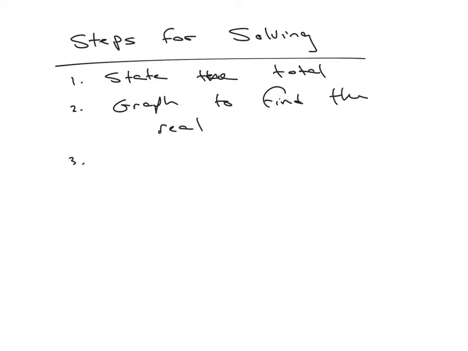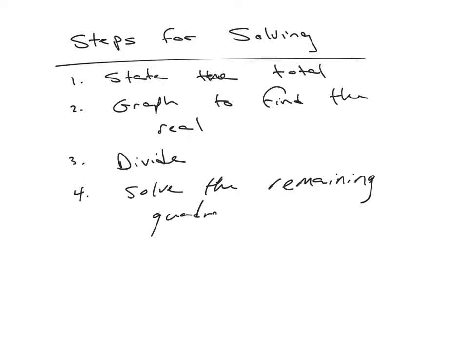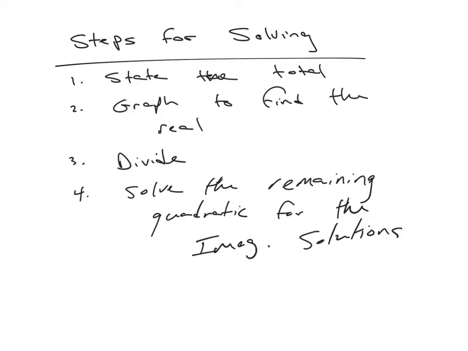After we find the real, if there's still solutions that we need to find, imaginary solutions, we are going to divide, and then we're going to solve the remaining quadratic for the imaginary solutions. So this is similar to some stuff we've done in class.